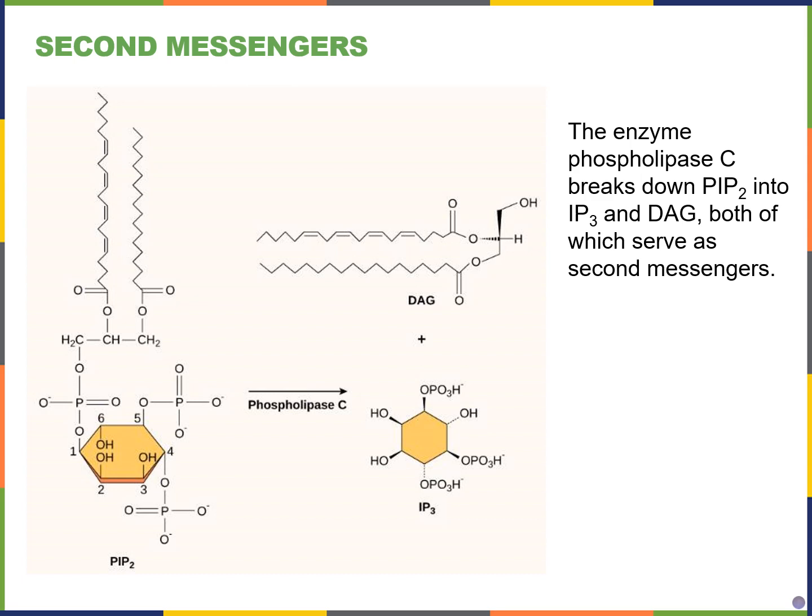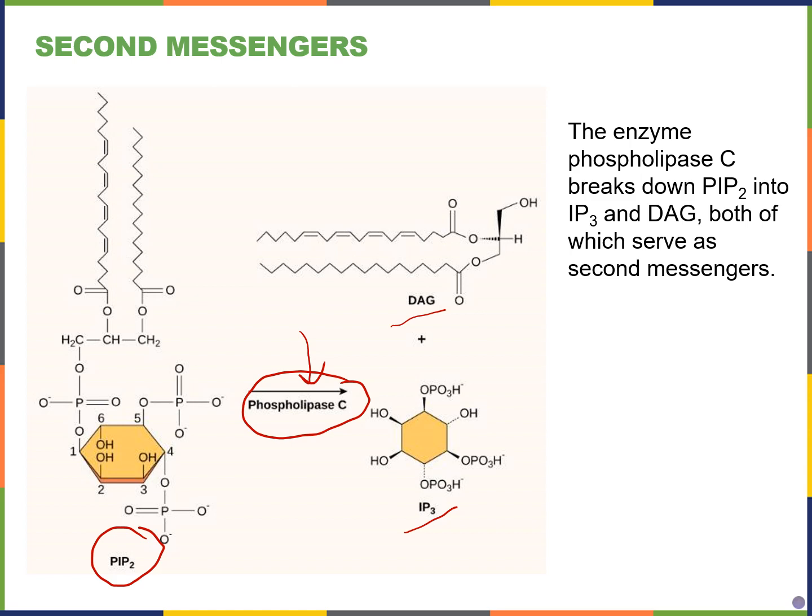Besides cyclic AMP, two additional pretty common examples of second messengers include DAG, diacylglycerol, and IP3, inositol triphosphate. These are created by an enzyme called phospholipase C. And what usually happens to produce or activate phospholipase C is that some kind of G protein activated pathway will activate phospholipase C. Phospholipase C will then take PIP2, which is derived from the phospholipids from your cell membrane.